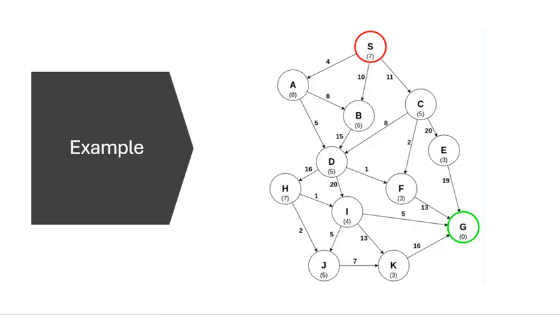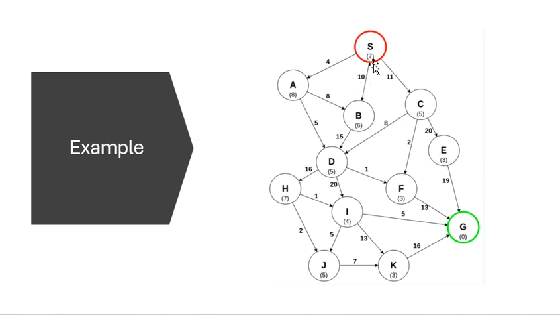Let's take a look at an example. As you can see, the start node and end node are indicated through red and green colors. So in this elaborate example, we have the starting point S, and our destination point or goal point is G. If a path exists between these two nodes, then we have to find the shortest path using this A-star algorithm. Now there are two types of weights assigned here.